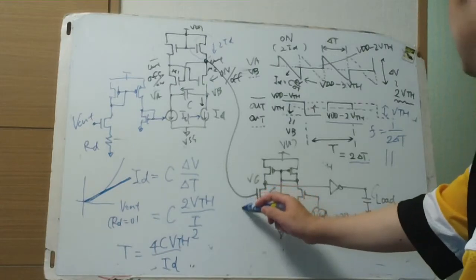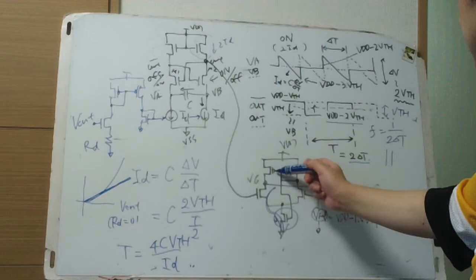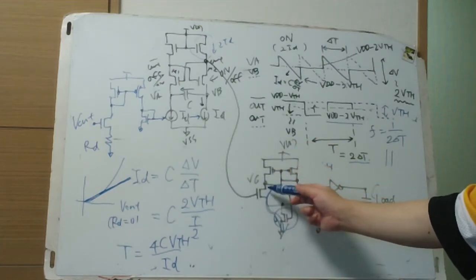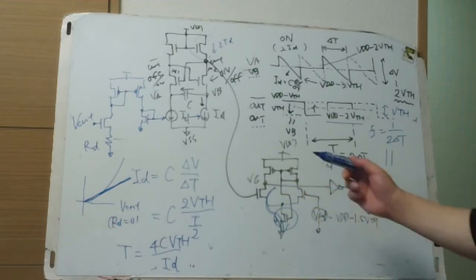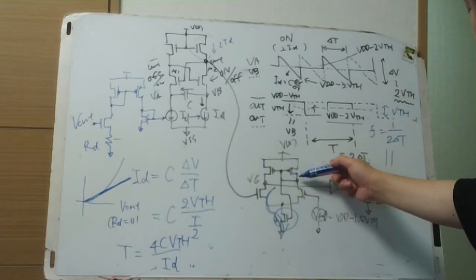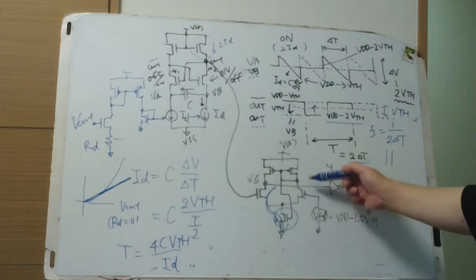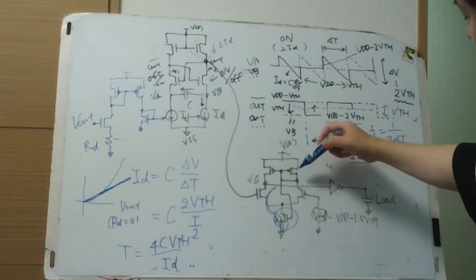And when this is low, this is on, this is off, and this is going to release this voltage. But this is on, this is connected, but it can be some pushing current, draw current.